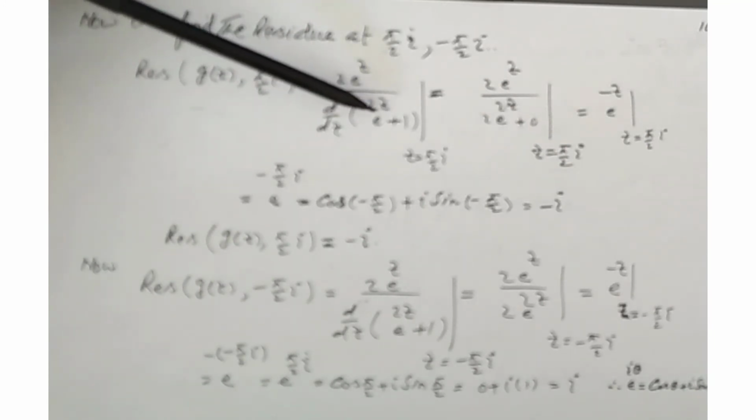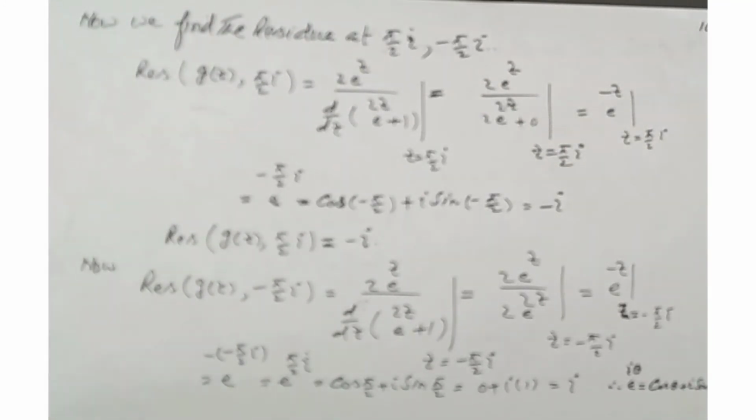This derivative is 2e^2z, and so at the limit z equal to pi by 2 iota, we simplify this term and it becomes e^(minus pi by 2 iota). This is cos of minus pi by 2 plus iota sin of minus pi by 2, which becomes 0 minus 1 into iota, that is minus iota. So the residue of g of z at pi by 2 iota is minus iota.